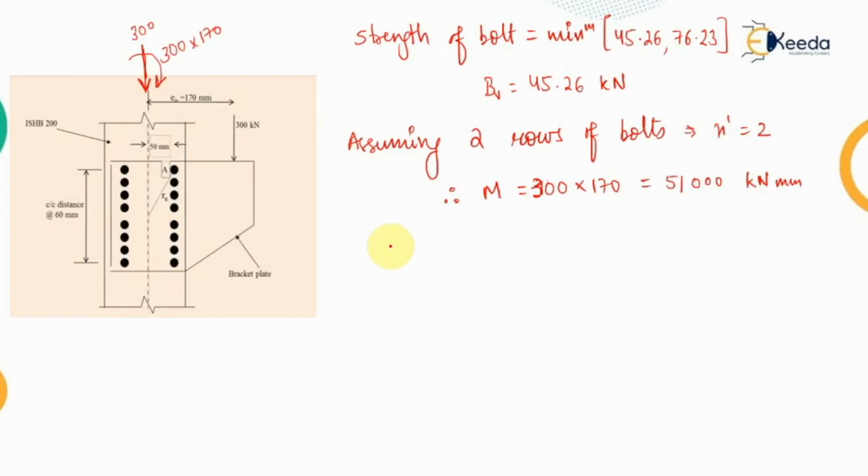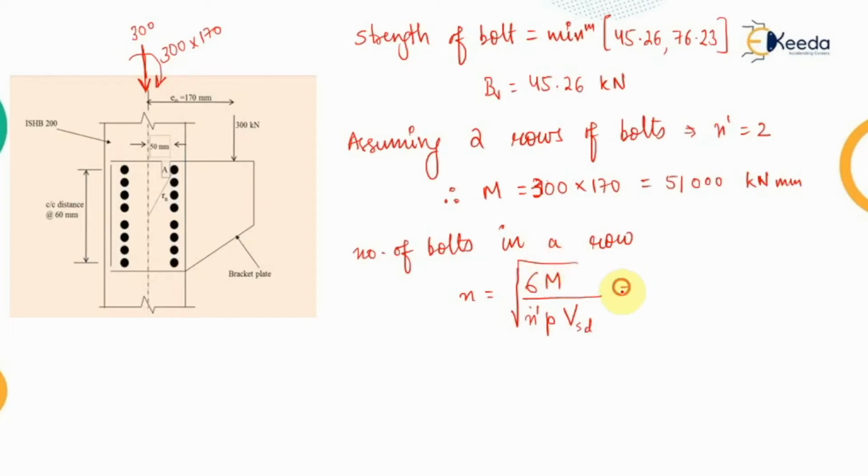Now we know an empirical relation for the calculation of the number of bolts in a row. The number of bolts that will be required in a row for resisting this much amount of moment is given by n is equal to square root of 6M divided by n dash into p into the bolt strength, or the shear strength.